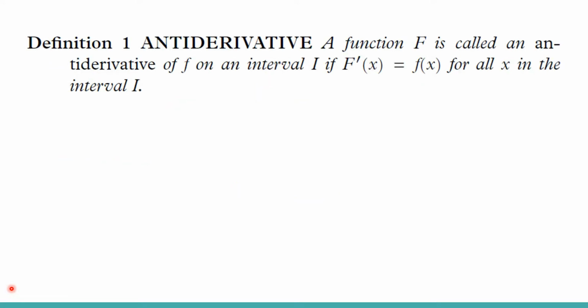Going back to the antiderivative, definition 1. A function F is called an antiderivative of f on an interval I if F prime of x, that is a big letter F, equals f of x, with a small letter x, for all x in the interval I. So we will tackle that: F prime of x equals f of x.